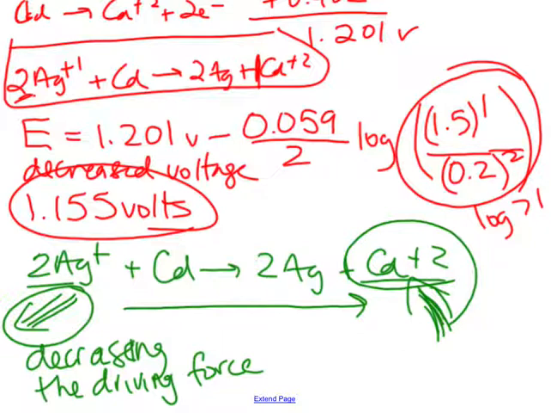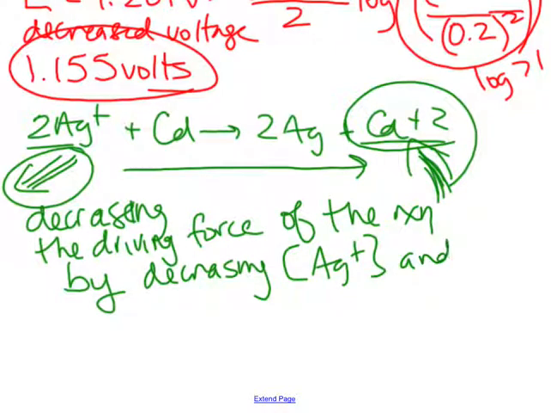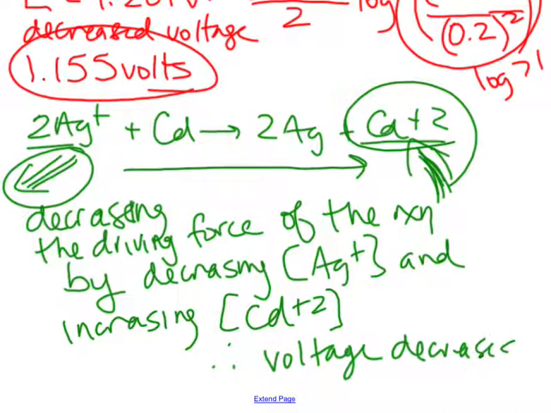So you're double whammy decreasing the driving force of the reaction by decreasing concentration of Ag+ and increasing concentration of Cd2+. Therefore, voltage does what? Voltage will drop or decrease. Voltage decreases. Okay?